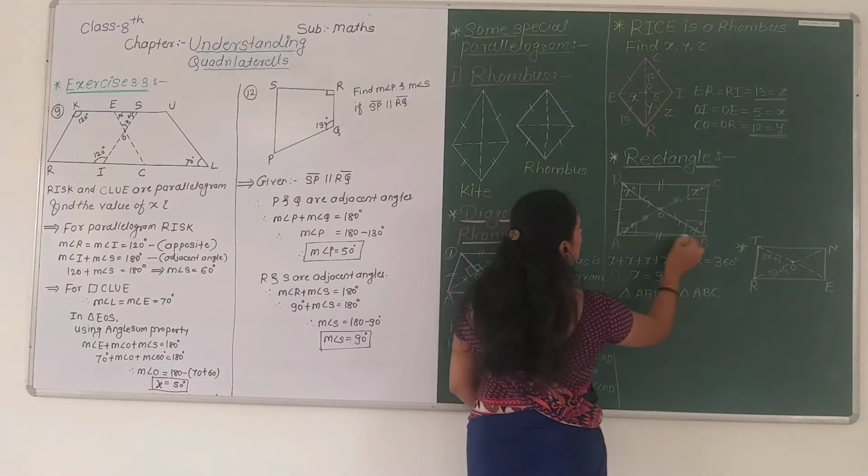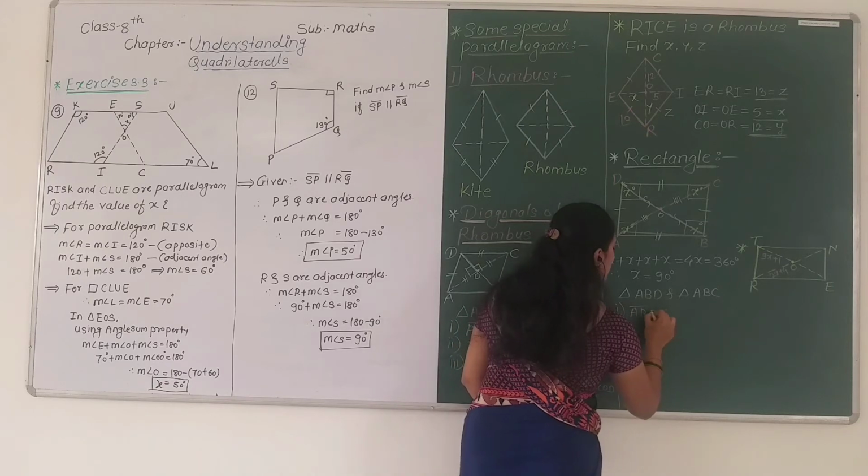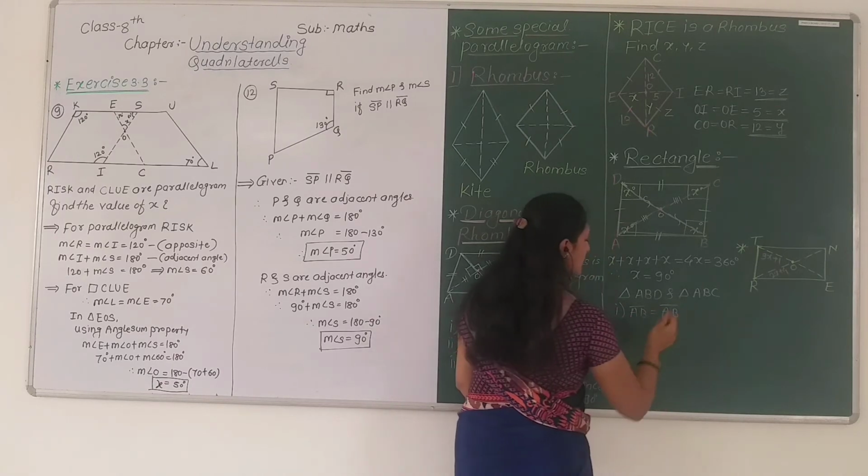Now for these triangles, AB is the common side, so AB bar is equal to AB bar, right?